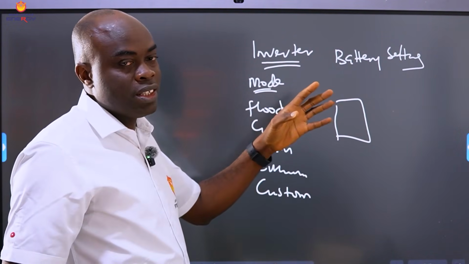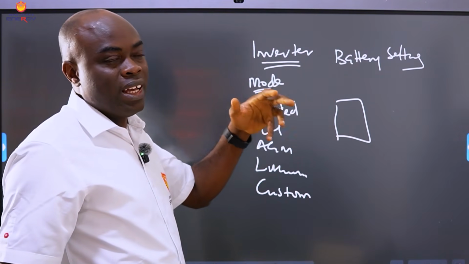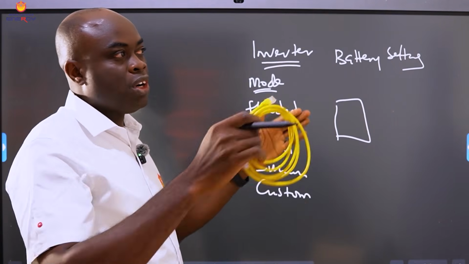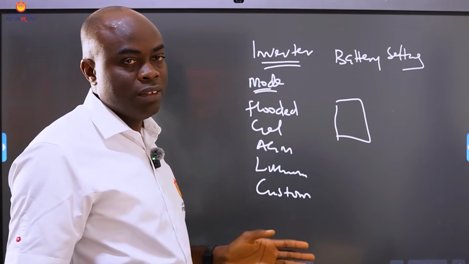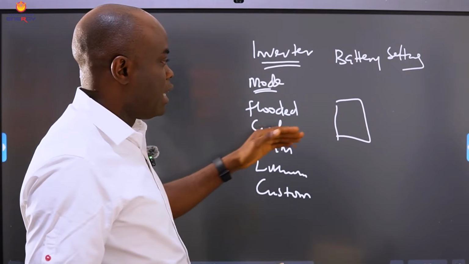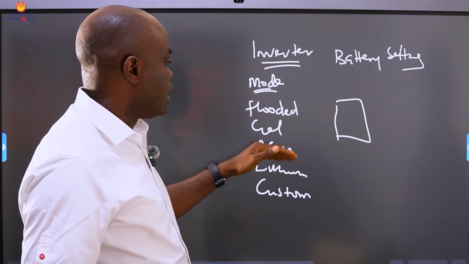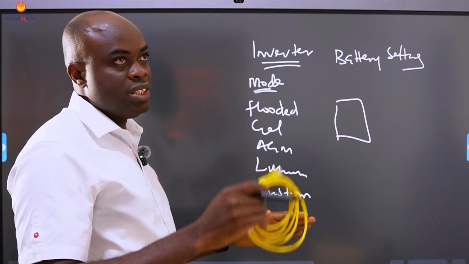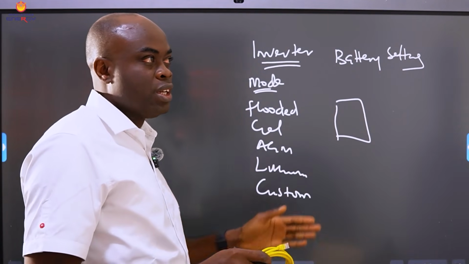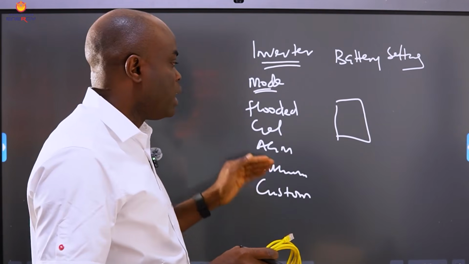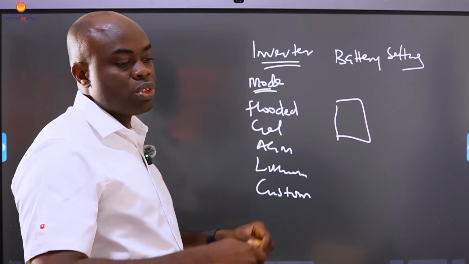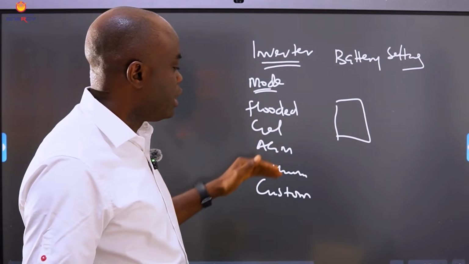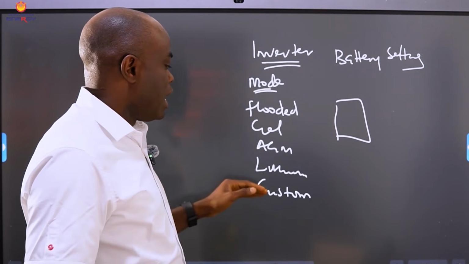And once you select it, the inverters have a default setting from various analyses they've done. They pick an average, okay, we select AGM, this is the charging voltage of an AGM battery, this is the discharge cutoff voltage. These are the parameters that should be applied to AGM. But of course, not all AGM have the same parameters. Gel battery, flooded, lithium, and custom.